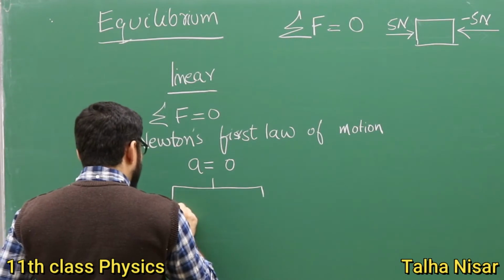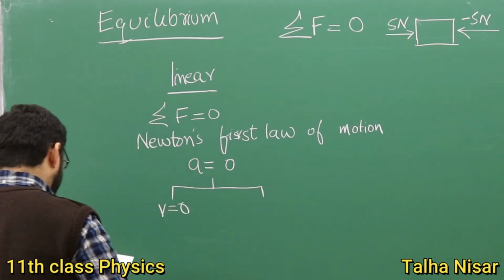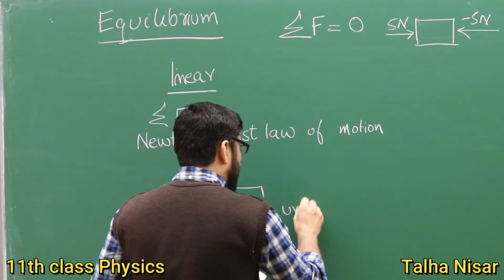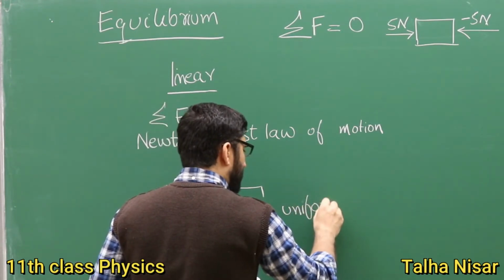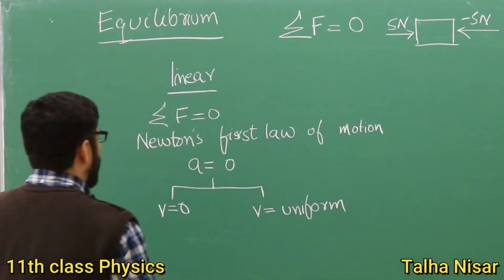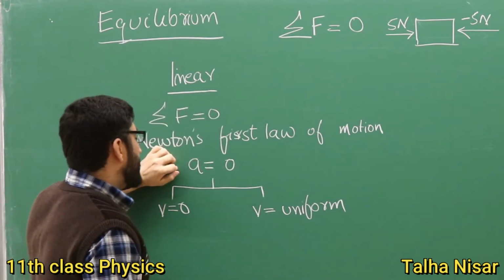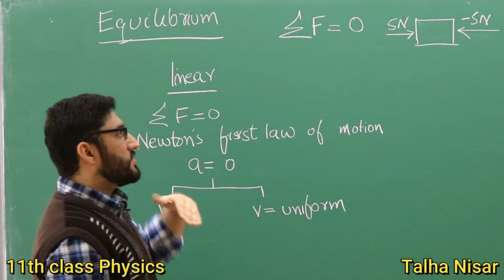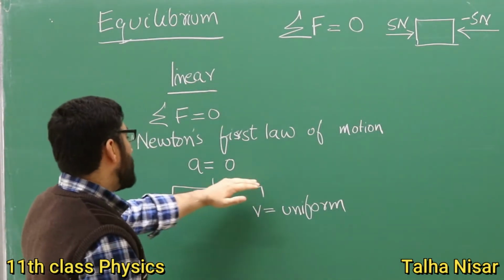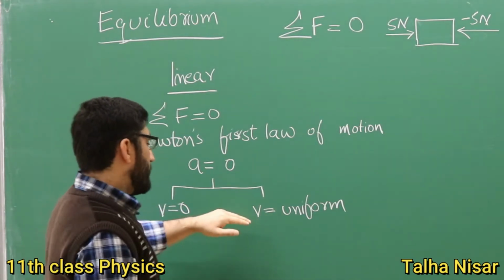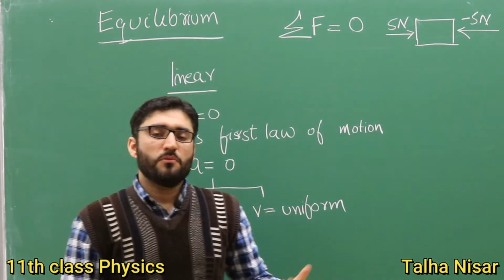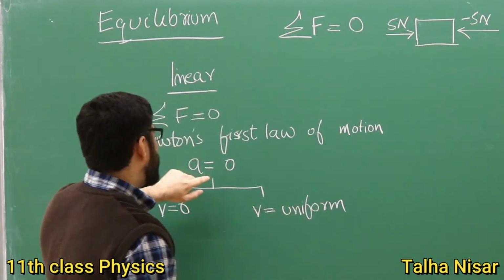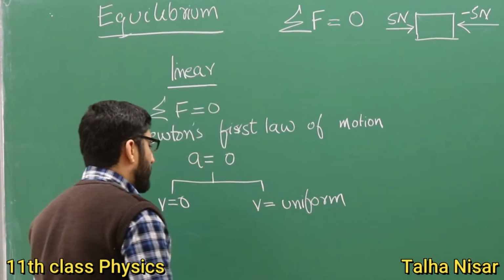Either the velocity is 0, which means the body is not moving, or the velocity is uniform, which means the body is moving with a uniform velocity. It's not changing with time, so the acceleration is 0.